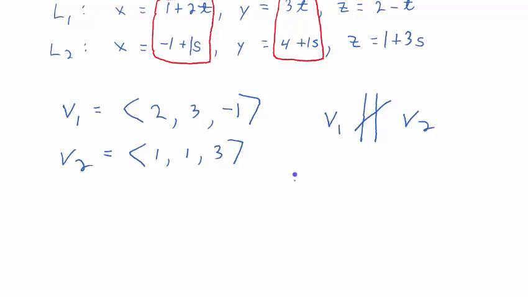And if the values we get satisfy the third values for z in both lines, then we'll know it's a true intersection point. If not, then there is no intersection point.